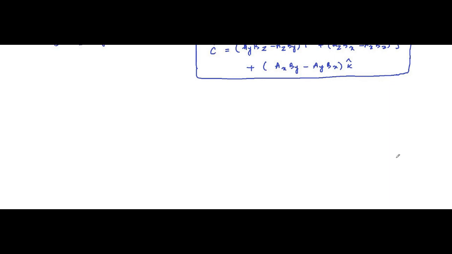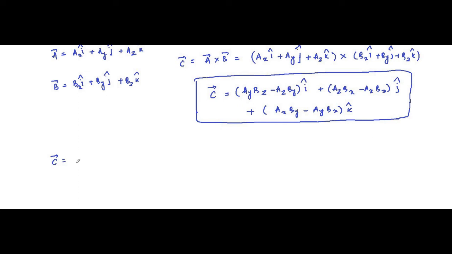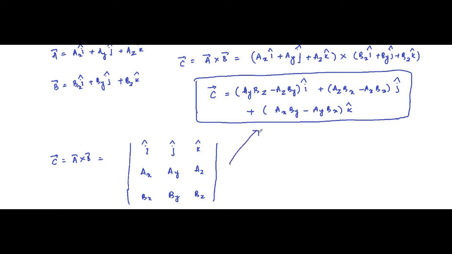In determinant form, c vector, which is represented by the cross product of a vector and b vector, can be represented as the determinant of the rows i cap, j cap, k cap; ax, ay, az; bx, by, bz, and it will give us this same result.